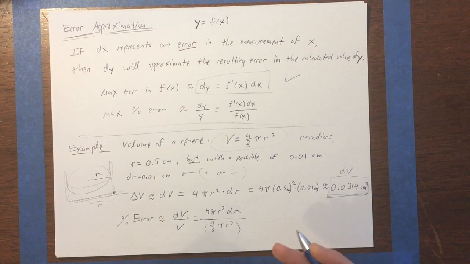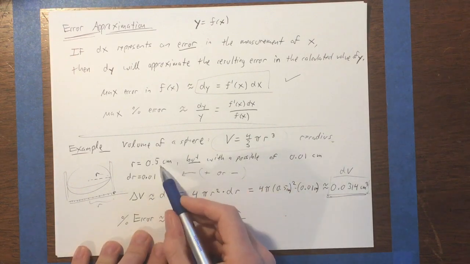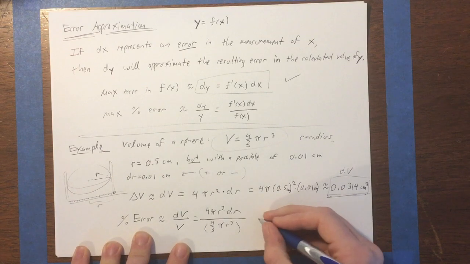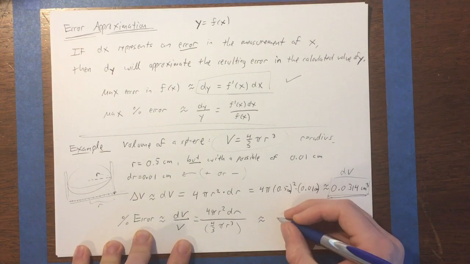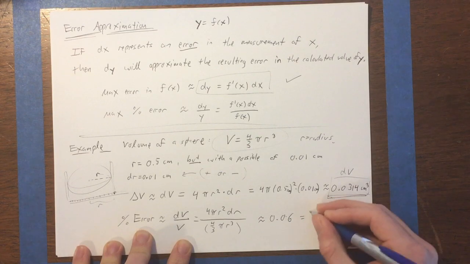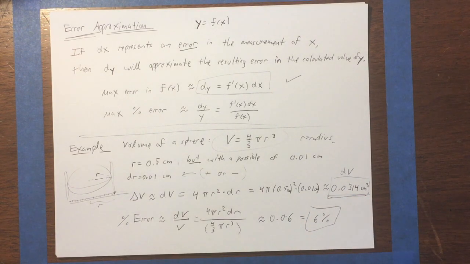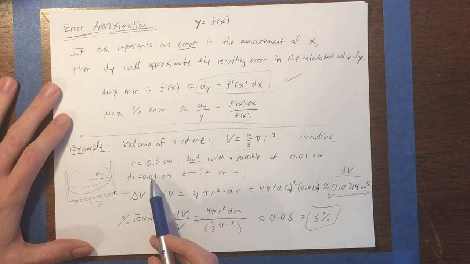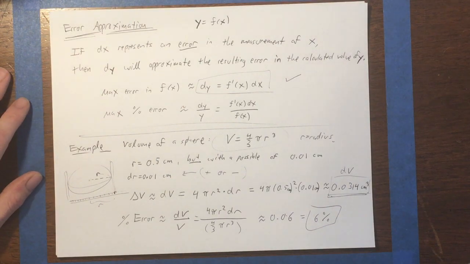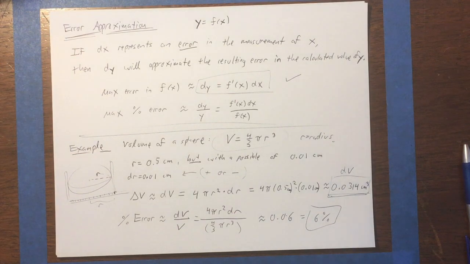And if you take all of our numbers, 0.5 for r and 0.01 for dr, and stick those in, this ends up being approximately 0.06, which is 6%. So this error in the measurement could produce a 6% error in the output calculated value of the volume, which is not insignificant. 6% is kind of a lot.